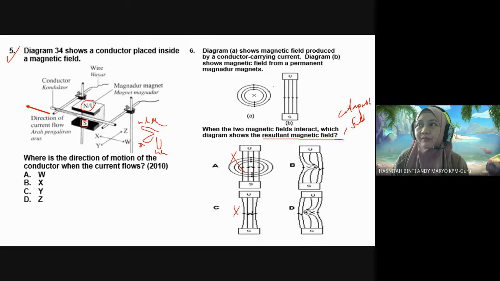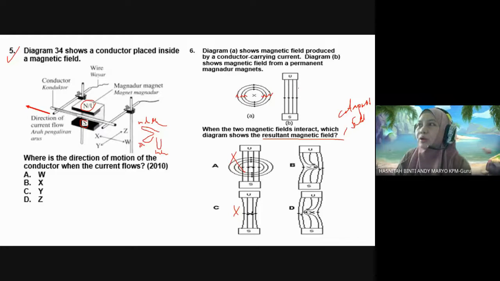Okay, so for this permanent magnet, the direction of the magnetic field is from the north to the south. So at this side, the arrow is downward, right? Clockwise. On the left side, the arrow is upward on the conductor. So you can see this clockwise rotation, the magnetic field using right hand grip rule.